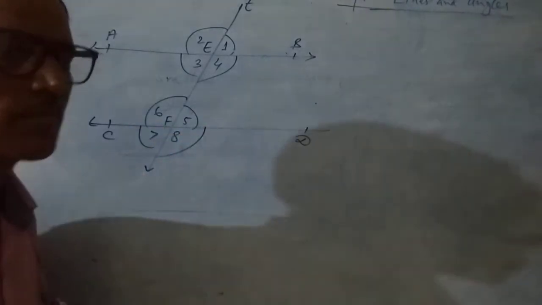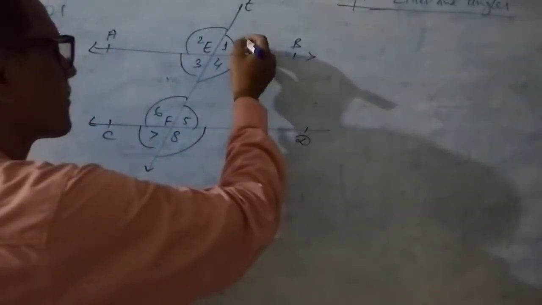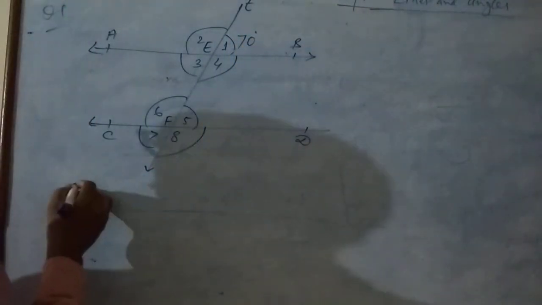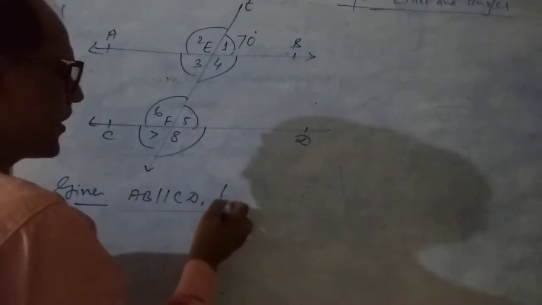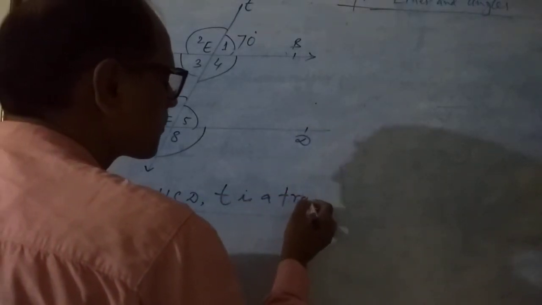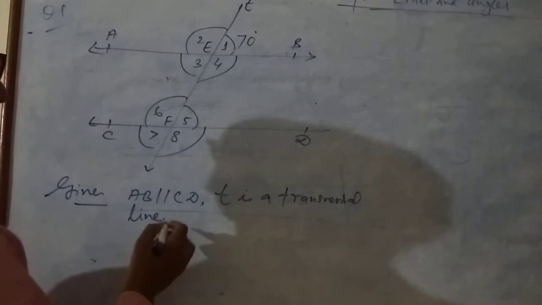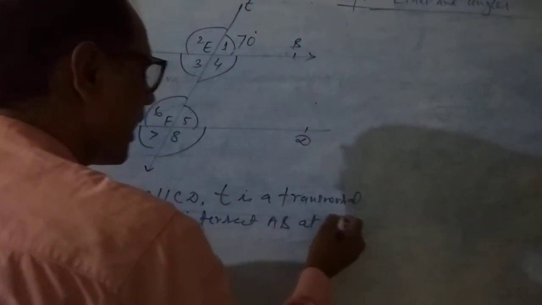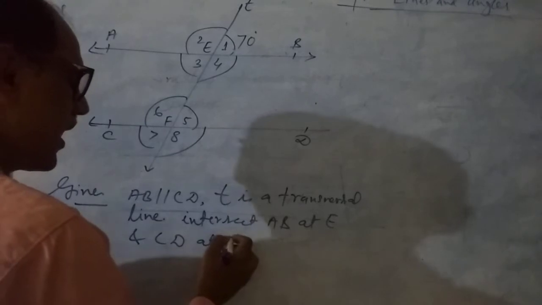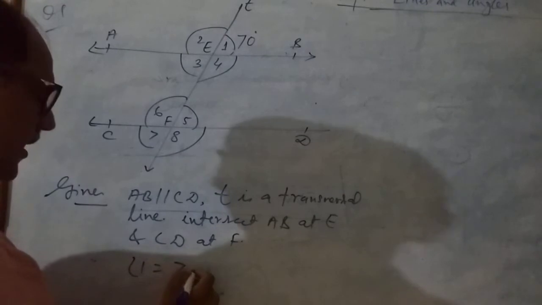and angle 8. If angle 1 is equal to 70 degrees, given AB parallel to CD, T is a transversal line intersecting AB at E and CD at F. Angle 1 is equal to 70 degrees.